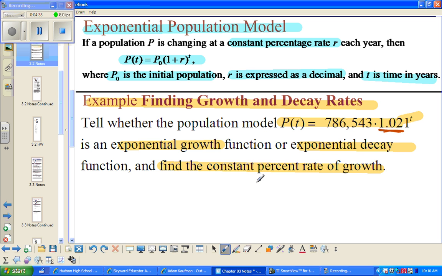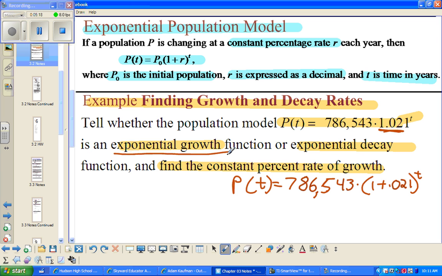We could rewrite this as P of T equals 786,543 times 1 plus 0.021 raised to the T. Well, when you're adding to the 1, or when you have that number bigger than 1, you know that's exponential growth.